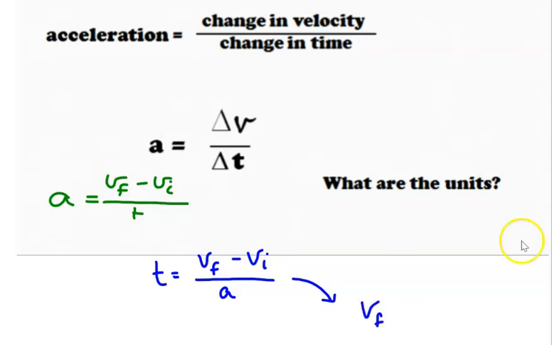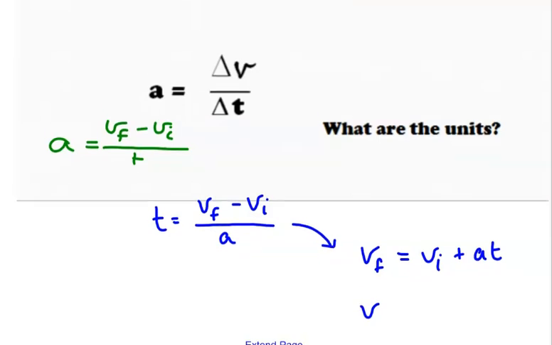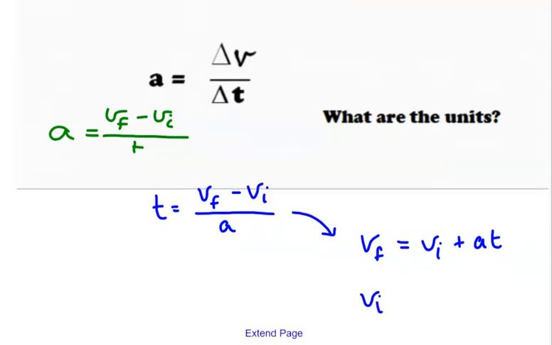Then we can manipulate it again for the final velocity, and that would equal the initial velocity plus the acceleration times time. Now, if your thing starts from rest, this will be 0. So that would be pretty nifty. It would just be final velocity equals acceleration times time. What if we're solving for the initial velocity? Then that's the final velocity minus the acceleration times time.